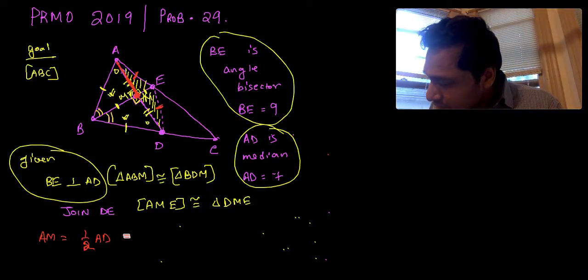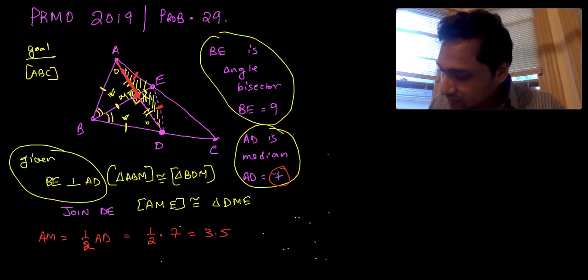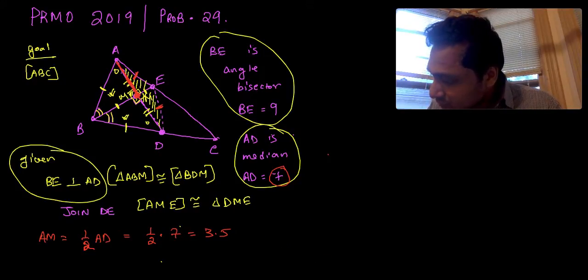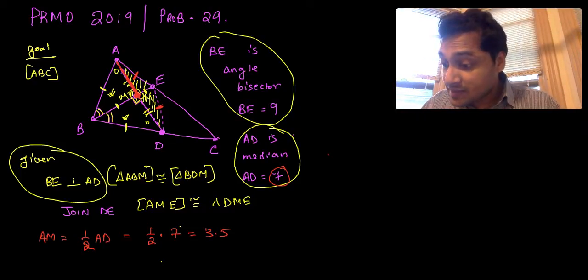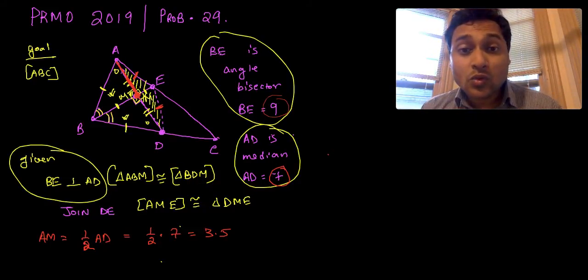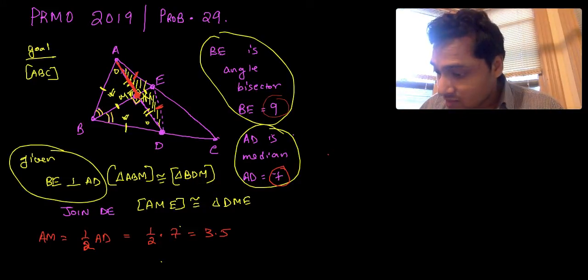And AD we know is 7. That's given, so that's 3.5. AM is 3.5. All right. And now we also know BE because BE is 9. That's given. So we know the area of triangle ABE.